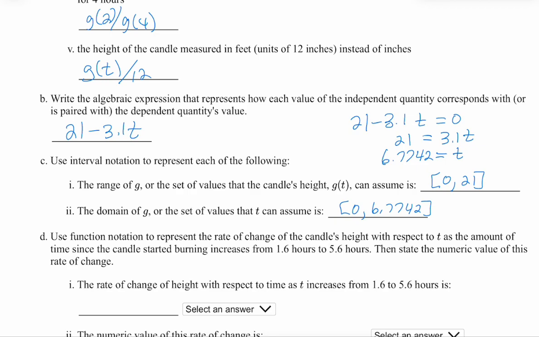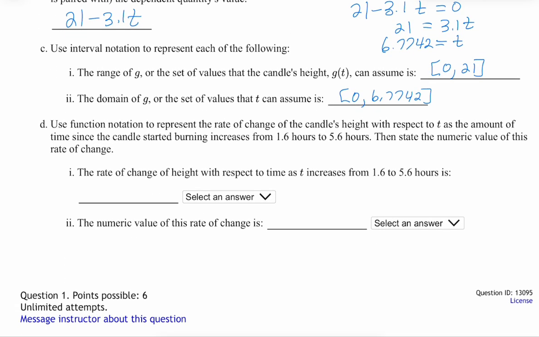At time 6.7742, my height has hit 0. So that's where the function equals 0. That's technically our x-intercept, or our horizontal intercept. So yours and mine might be slightly different, so calculate those. You'll probably have to do a little math to figure out what those are.